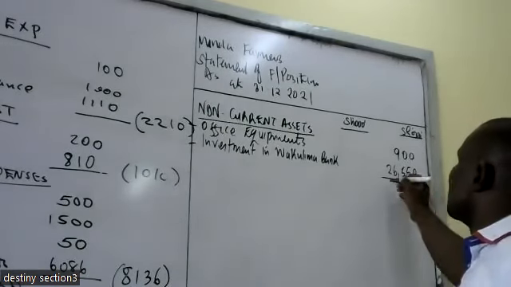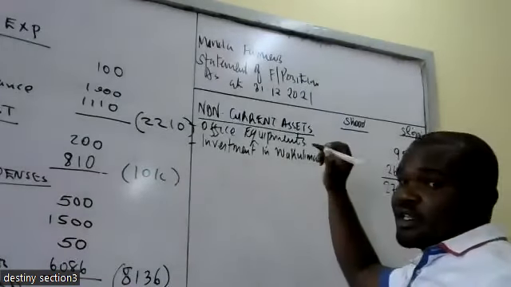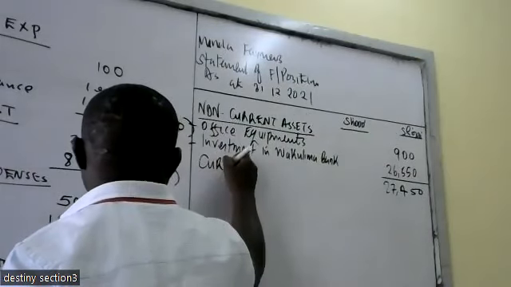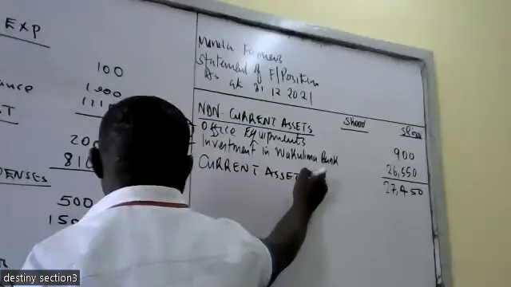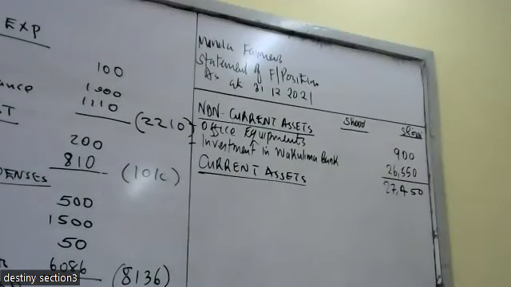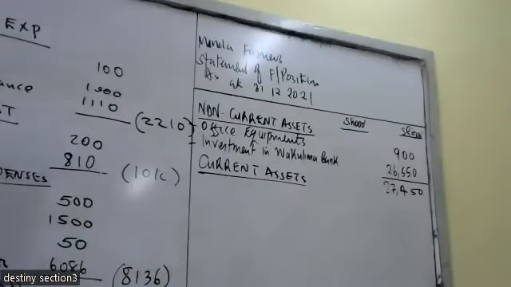How much? 450. Current assets. Cash in hand, so current assets.